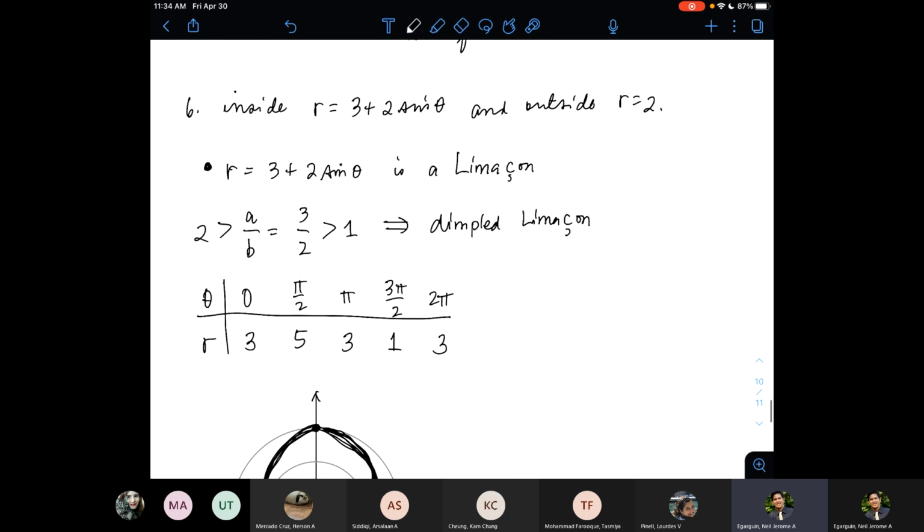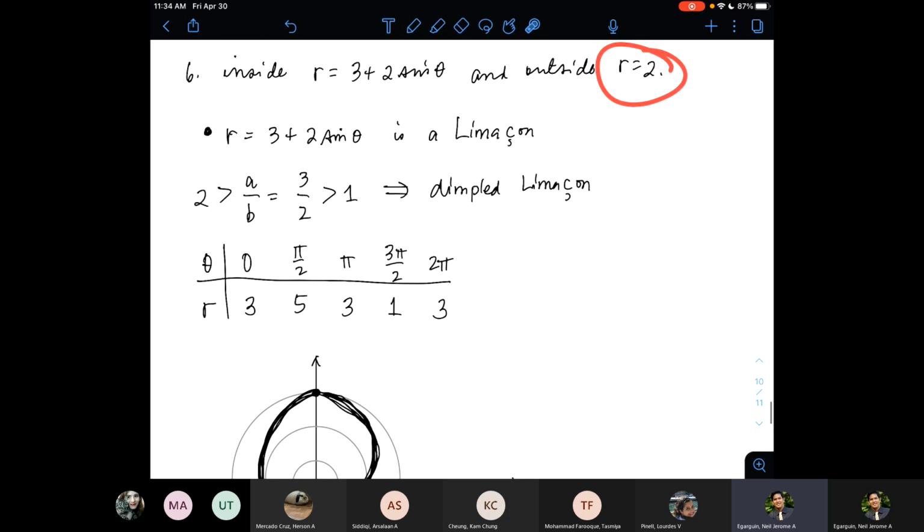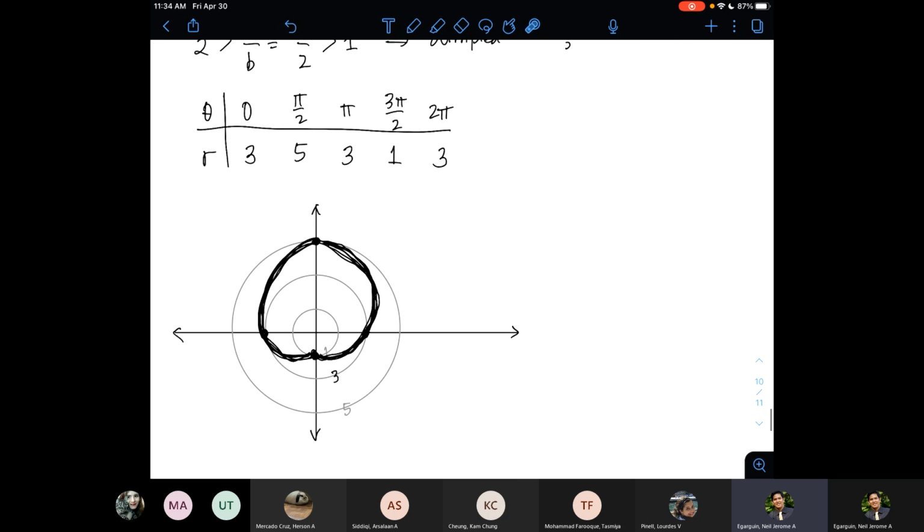Now, the other one is r equals 2, so that's easy. That's just the circle of radius 2. So here's what we got. Circle of radius 2. That's r equals 2, right? So this is r equals 2. And this is r equals 3 plus 2 sine theta.